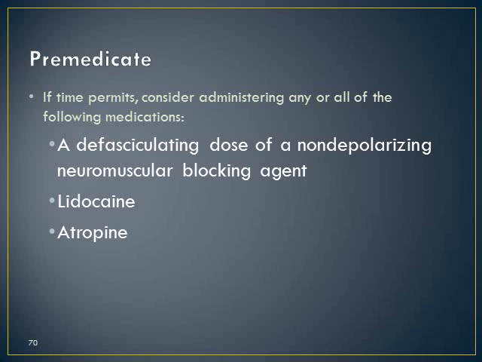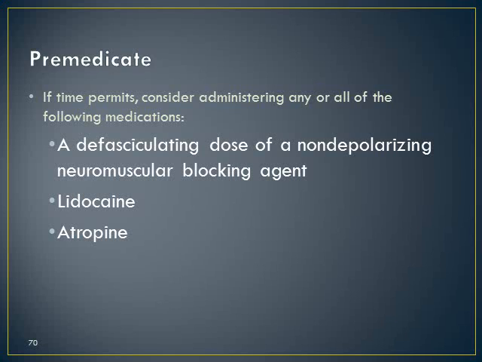So we want to premedicate the patient. We want to give a defasciculating dose of a non-depolarizing neuromuscular blocking agent. And your defasciculation dose is a low dose of vecuronium, which is not going to induce complete paralysis, but it's going to prevent fasciculations, so the patient doesn't shake during the procedure.